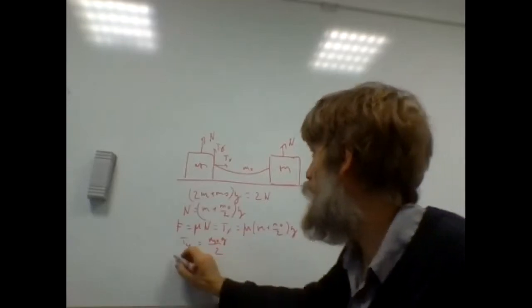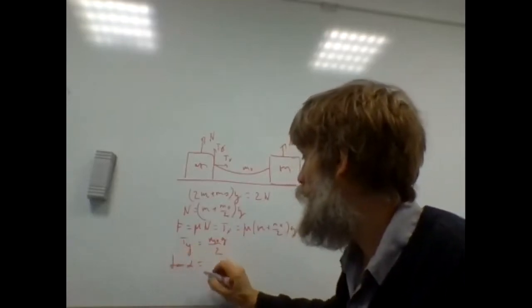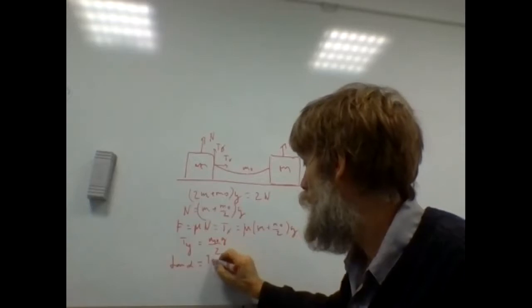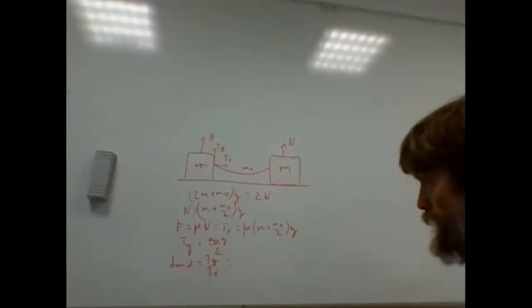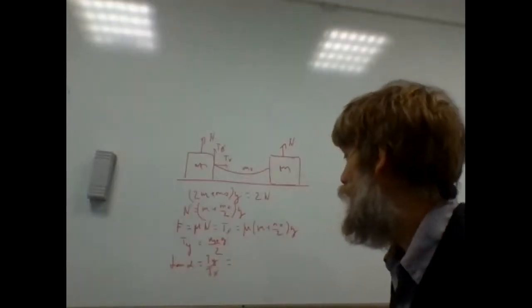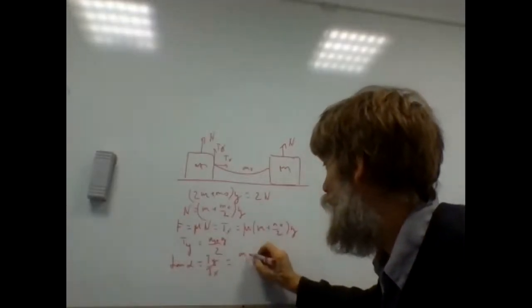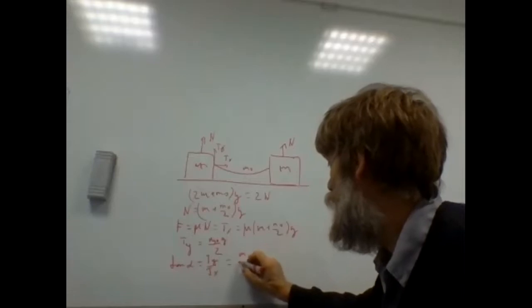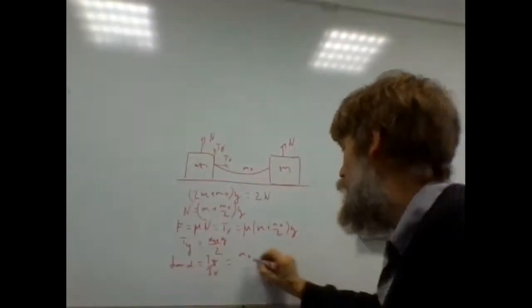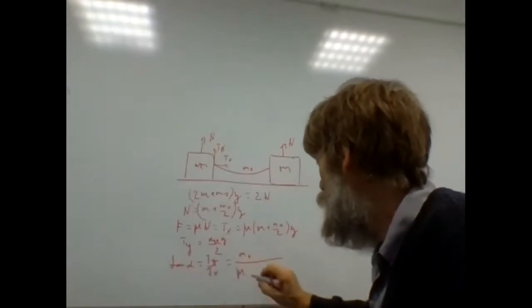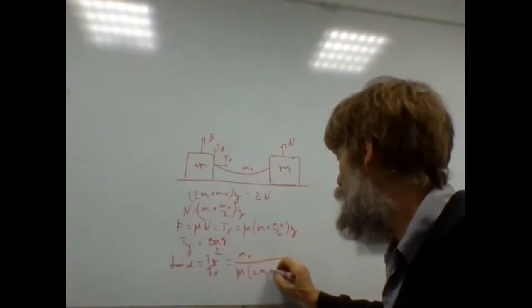So that now tangent alpha equals Ty divided by Tx, equals M naught g, just M naught without the g, because g cancels away. M naught divided by mu and (2M plus M naught).